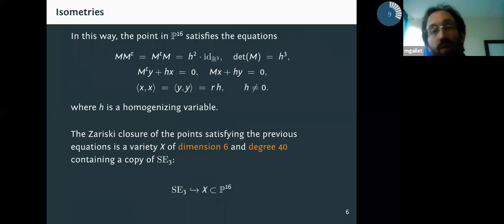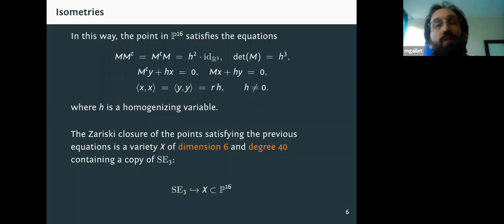And due to the construction, or to the definition of these quantities, you see that they satisfy the following equations. Namely, at first you see that M is orthogonal, so once multiplied with its transpose, it gives the identity.